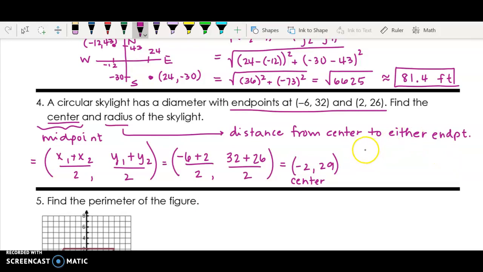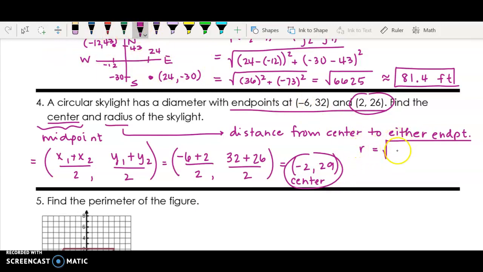So here we go. D equals, and we'll substitute one of the ordered pairs and the center into our formula. Actually, instead of calling it D, I think I'll call it R since it's the radius.